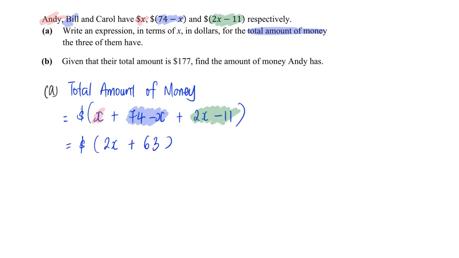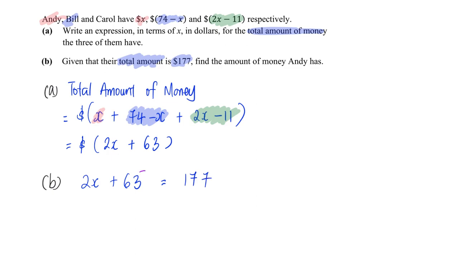For part B, then they give me this expression actually has a value 177. So for part B, all we have to do is to equate 2x plus 63 with 177.